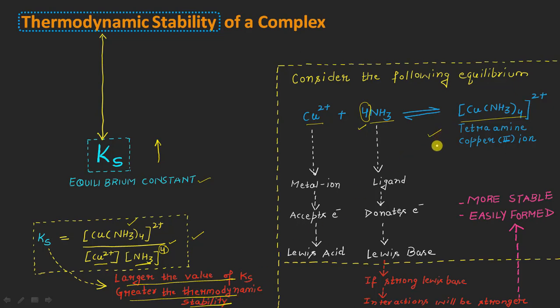So it is easy to understand that if there is some reaction in equilibrium and the value of the Ks is quite high, the complex formed on the right hand side will have a larger thermodynamic stability and it will be formed very easily, right?